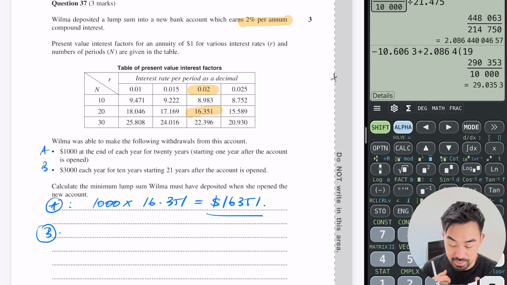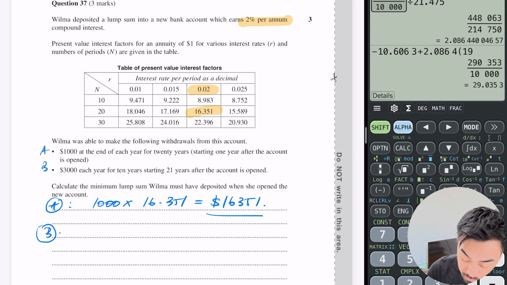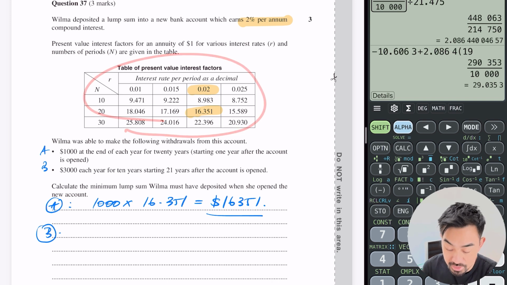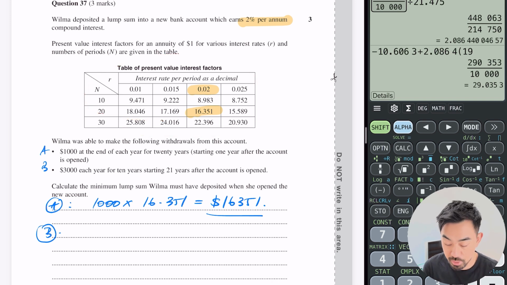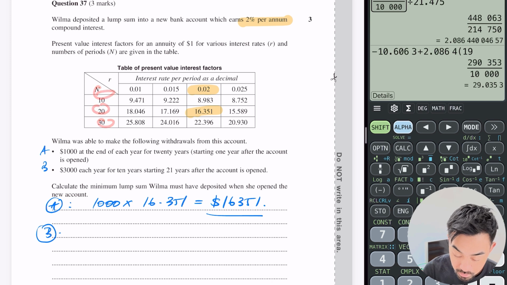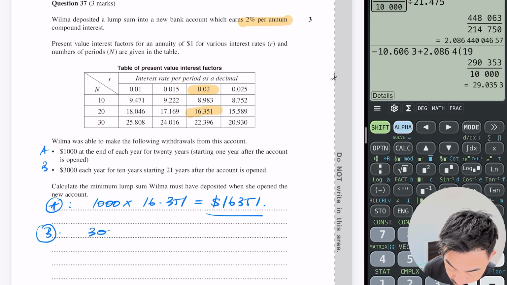So in this case, it's actually better just to imagine her taking $3,000 each year for 30 years, because this table starts from 0 to however many years that you're looking for. So let's just imagine she's taking out $3,000 each year for 30 years. That would be 3,000 times 22.396.